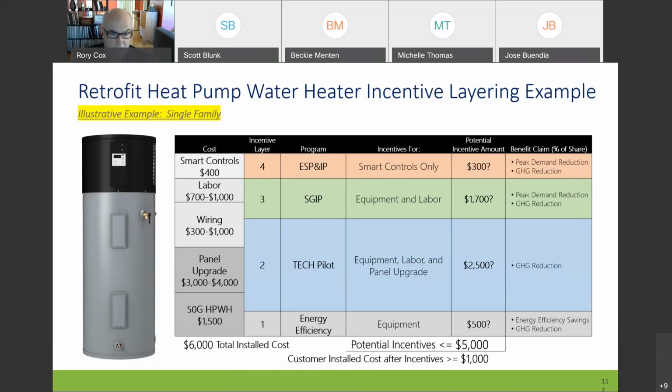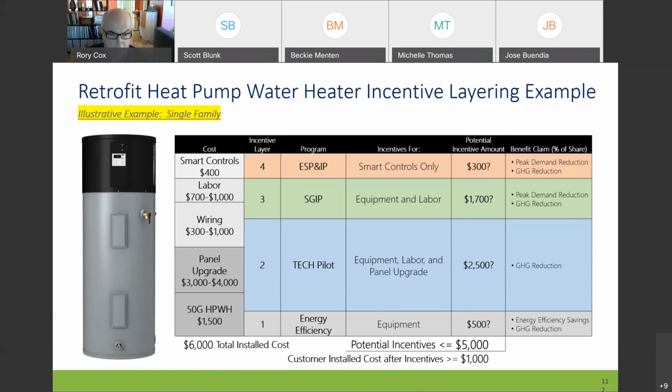You have energy efficiency, and we touched on the challenges and the cost effectiveness for measures under the EE programs. But an EE program could potentially offer a $500 incentive. The tech pilot can then come in and offer $2,500 for also equipment, labor, panel upgrade.